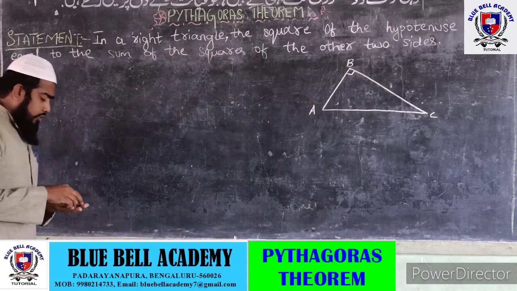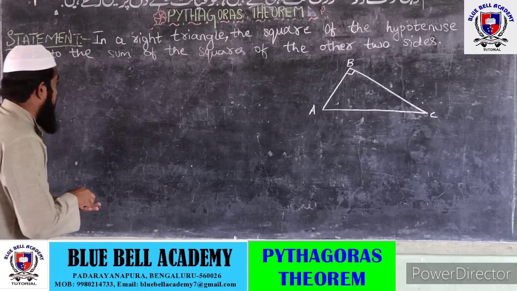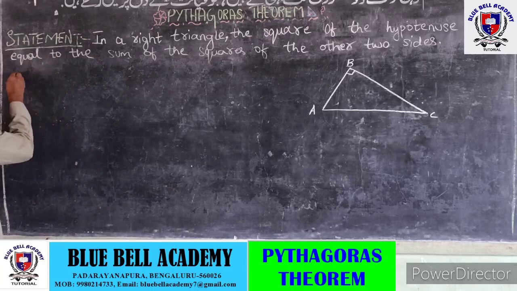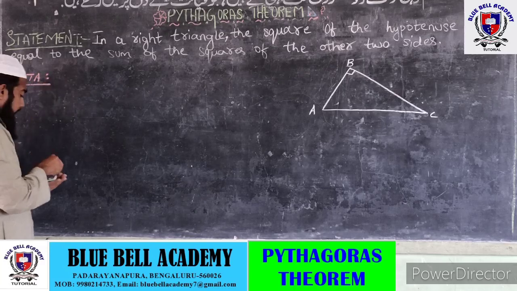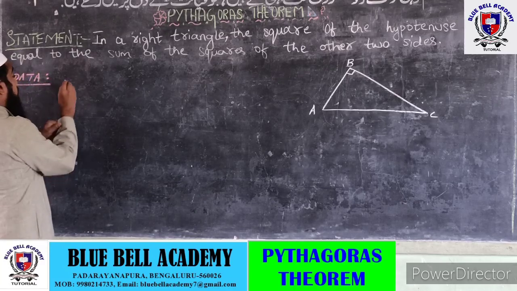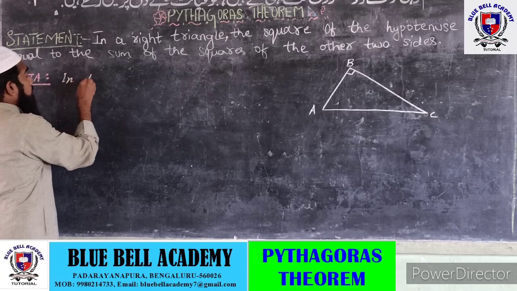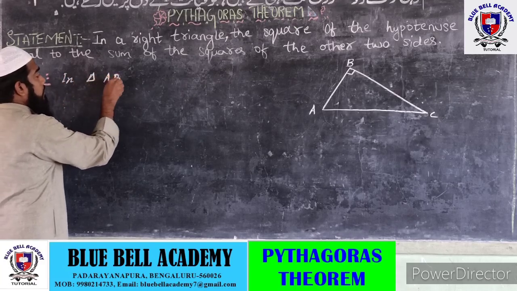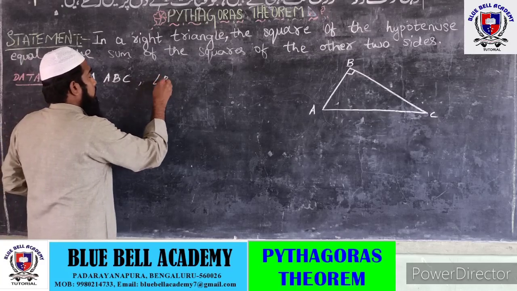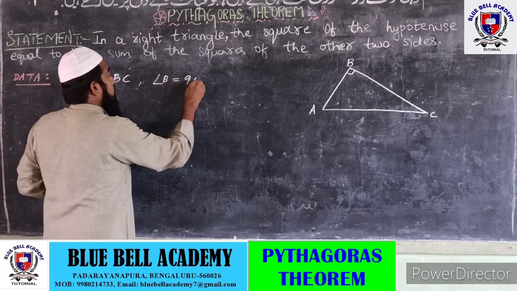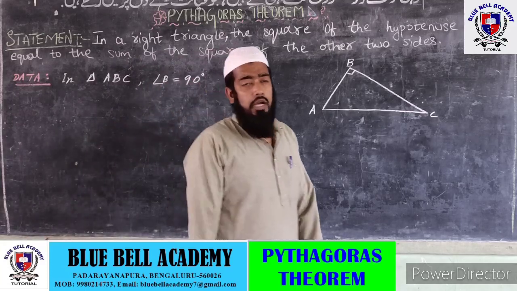Based on this, we will write the data. In triangle ABC, angle B is equal to 90 degree. This is the data.